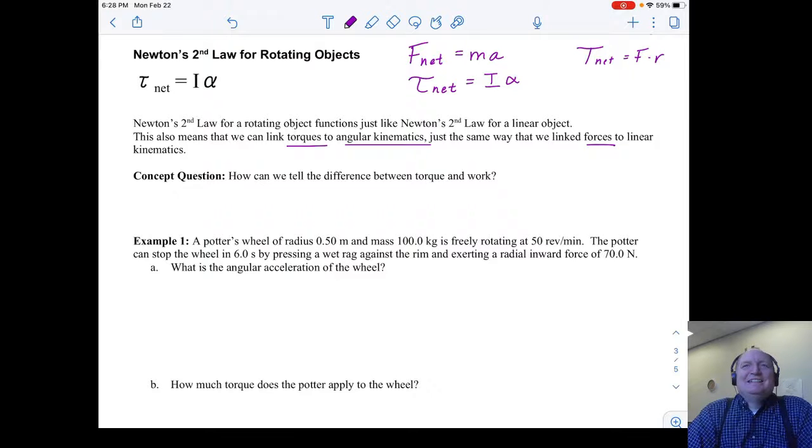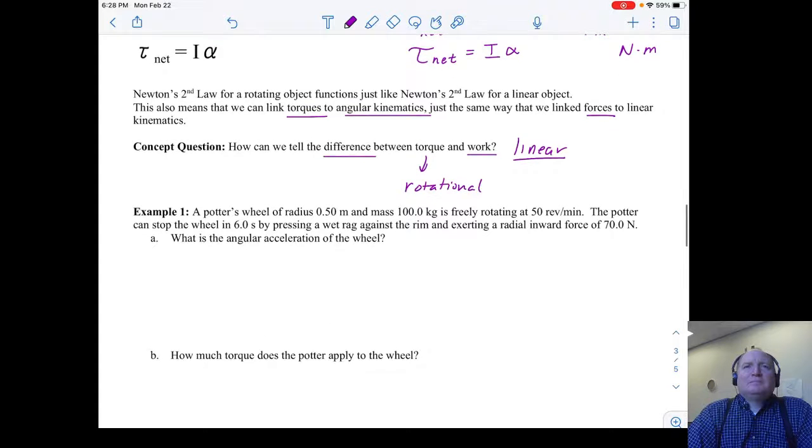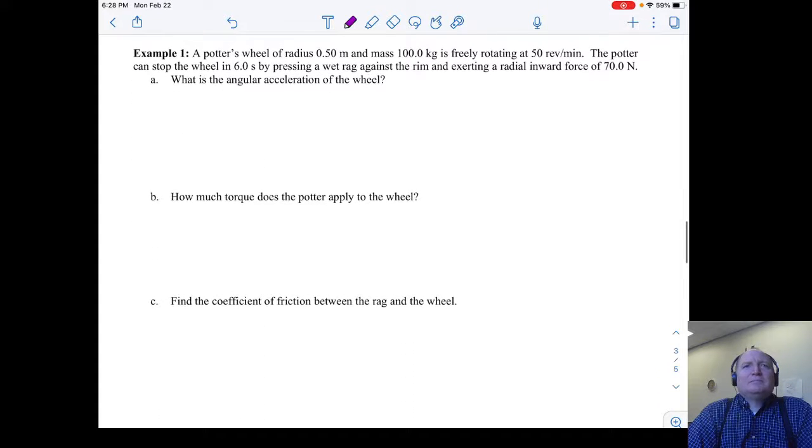And you want to take the perpendicular components of those, but the unit is the Newton meter. Be careful that it's not the same as work. Work is a linear situation and torque is a rotational situation. So the way that we tell the difference is we look at the situation to determine if it's linear or rotational.